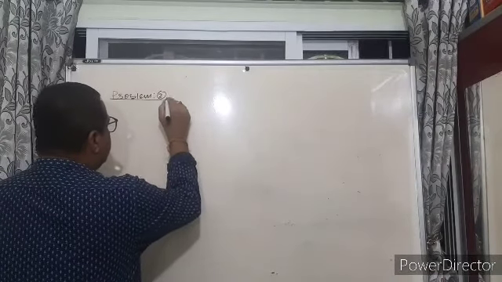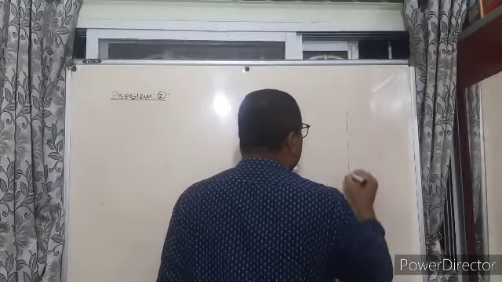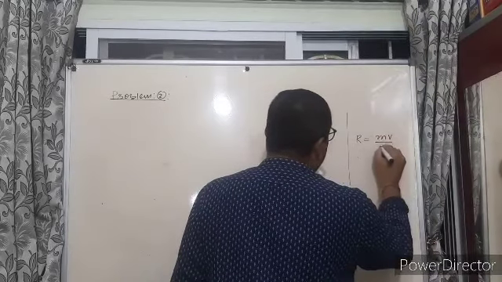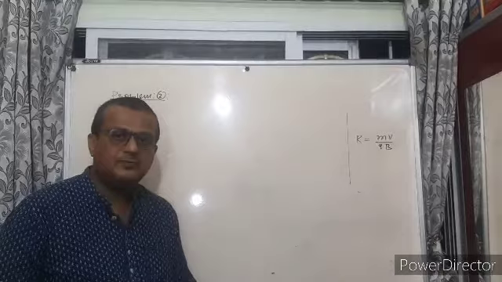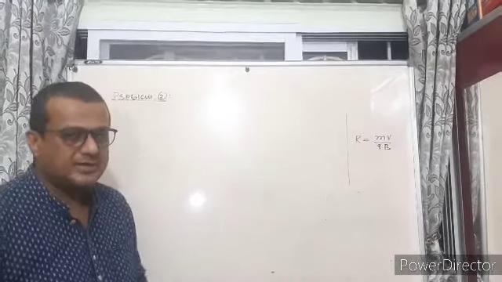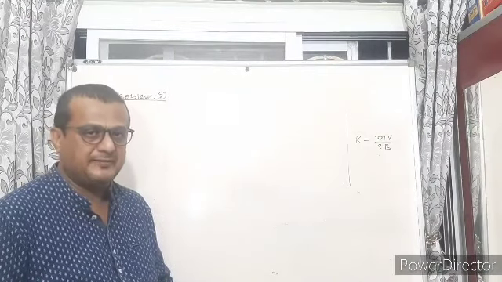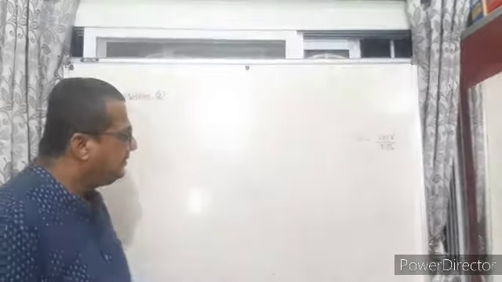We have just seen r equal to mv by qB. This is the radius of the circular trajectory when a charged particle enters a uniform magnetic field perpendicularly.